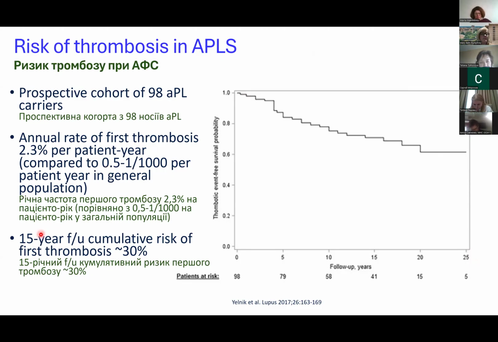And by 15 years, the cumulative risk of the first thrombosis was around 30%. So the longer they have the disease, the more likely they are to have clotting, but it's not a real steep line for most patients. It's 2% per year.